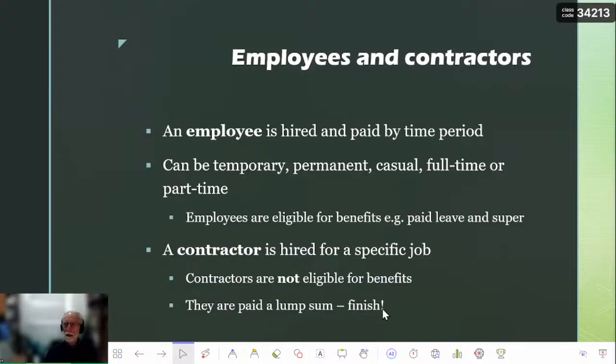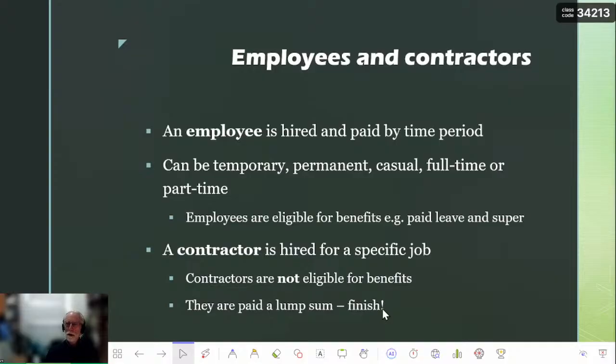Or you can say, okay, your day's work is to plant 5,000 seeds or whatever it is. If you finish the job, you can go home. We're not going to pay you by the hour, we're just going to pay you by the job. So the contractor's system can apply to anything really that the workers can do as a set pattern of work.